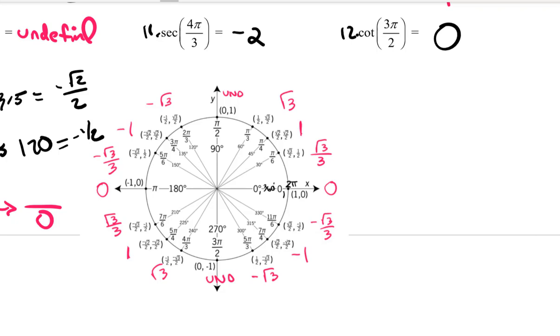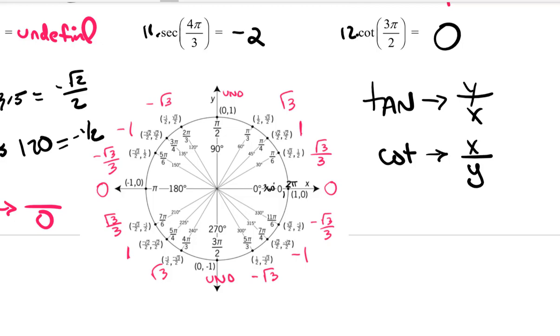Or I could look at it from the perspective that tangent is the y-coordinate over the x-coordinate, which means the cotangent would be the x-coordinate over the y-coordinate. At 3 pi over 2, or 270 degrees, those coordinates are 0, -1. So the x-coordinate is 0 and the y-coordinate is -1. So 0 divided by -1 is still 0.